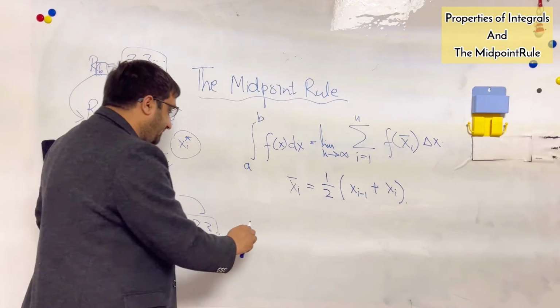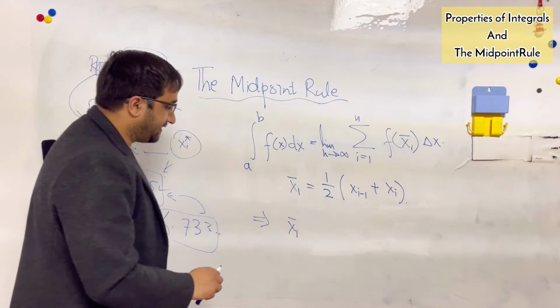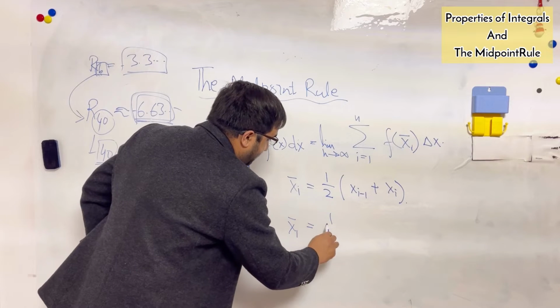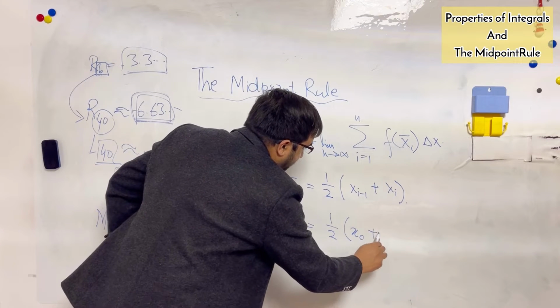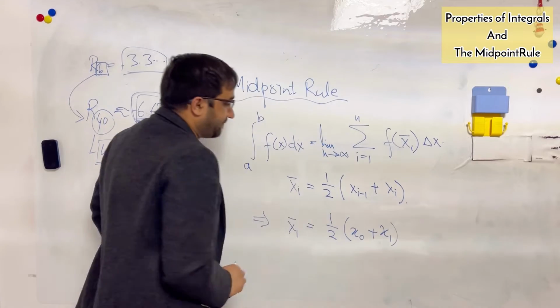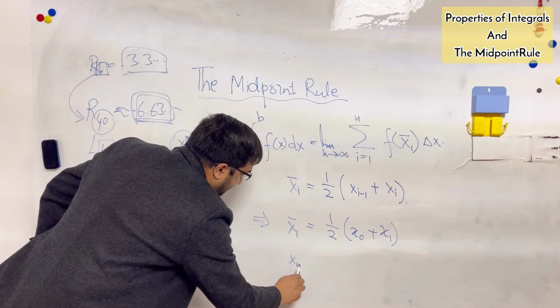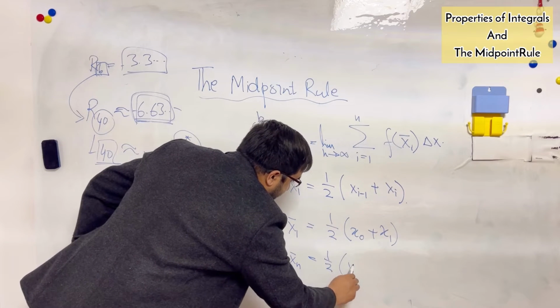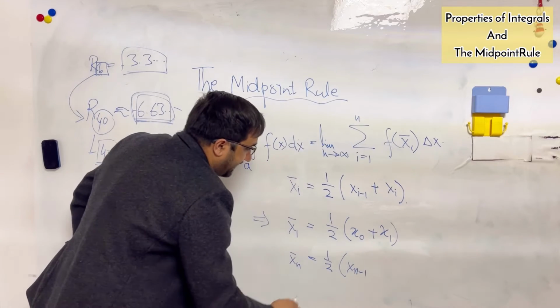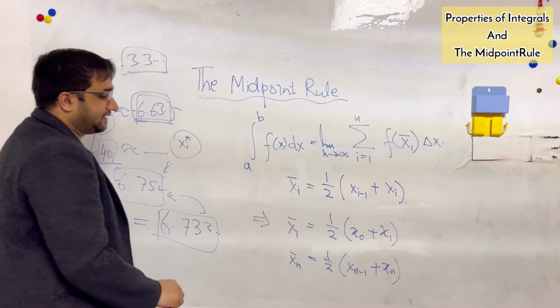Meaning if I am saying x1 bar is my midpoint, then what is x1 bar? X1 bar is half of the first point plus the second point. Similarly, if I am saying xn bar, then this is half of the (n minus 1)th term plus the nth term.